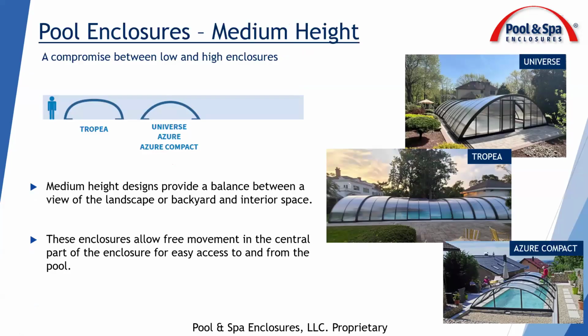So from that medium height, it's going to give you that ability where, in the central area of the enclosure, you can move around freely, whether you want some chairs, a table there. You want to be able to swim, exercise, get out, dry off comfortably before you go back inside. So great option for people as medium heights as well.